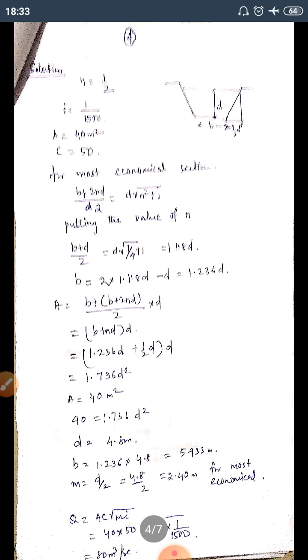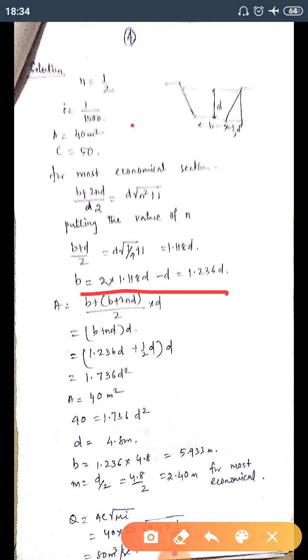Here given N is equal to 1 by 2, i is equal to 1 in 1500, A is equal to 40 meter square, C is equal to 50. And for the most economical condition, (B plus 2ND) by 2 is equal to D into root of N square plus 1.